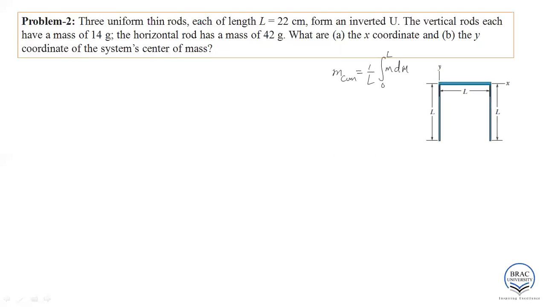So here for the horizontal rod, as it is aligned along the x-axis, you see in the diagram, its center of mass can be shown by the x coordinate. And the center of mass for the vertical rods can be shown by the y coordinates.